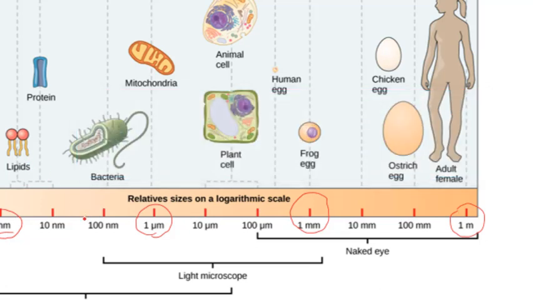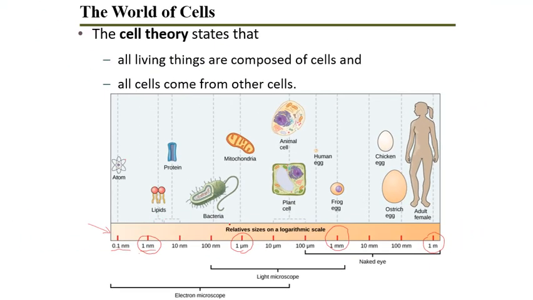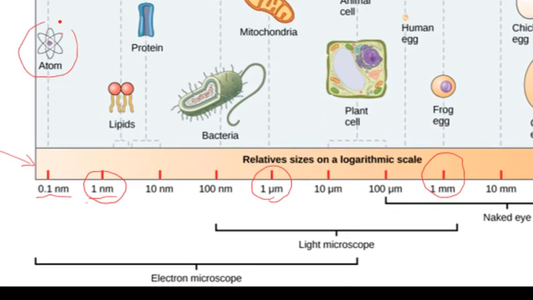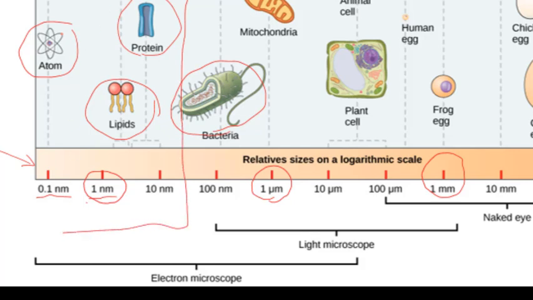Now, if we wanted to see those structures, there's no way with the naked eye we could see any atoms. We could not see any proteins, we could not see any lipids, and certainly we could not see any bacteria. In order to see those small structures here on that side, you need at least an electron microscope.